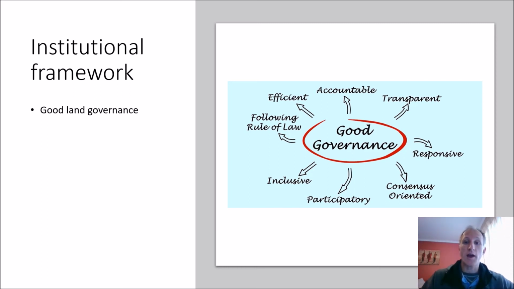This is not a universal idea. But adhering to these principles should improve the government's ability to administer land, removing bureaucratic barriers to development and combating corruption. Land administration institutions at all levels need to ensure that their processes conform as far as possible to these principles.